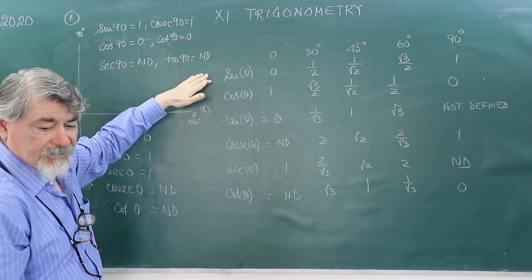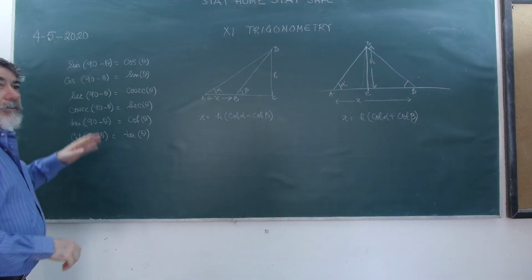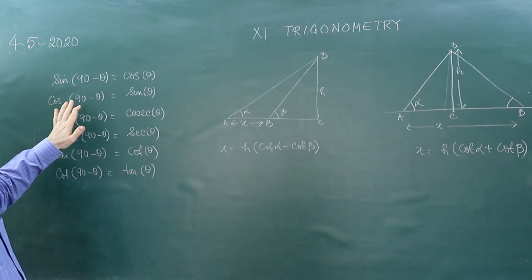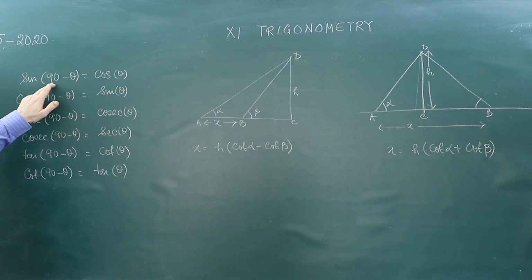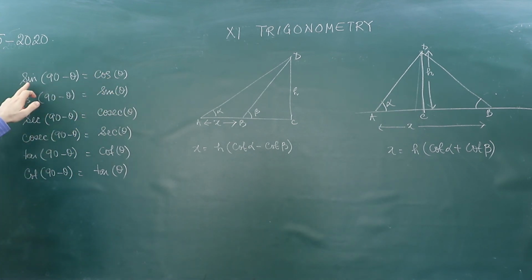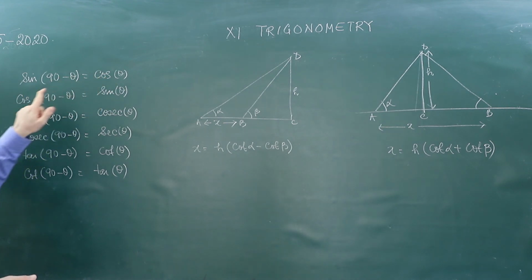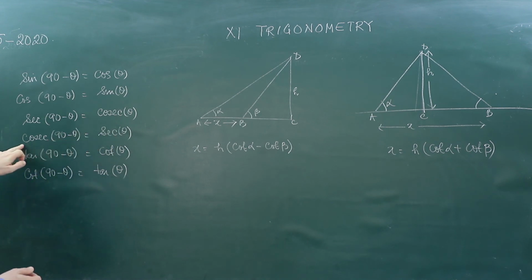not defined. We also studied in standard 10 the complementary angle relation, like sine 90 minus theta is always cos theta. Whenever 90 is there, if you subtract or add from 90 or multiples of 90, sine will change into cos, cos into sine, sec into cosec, cosec into sec, tan into cot, and cot into tan.